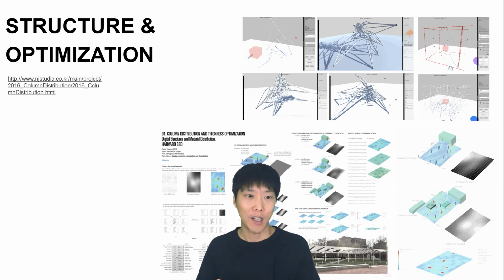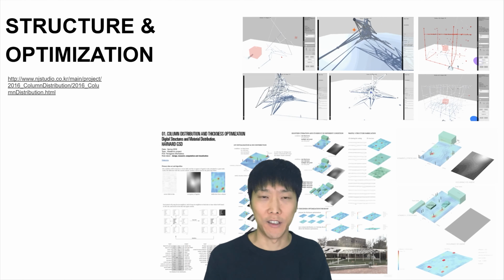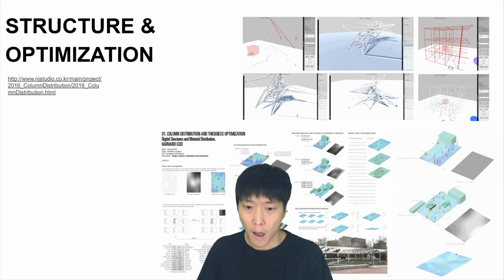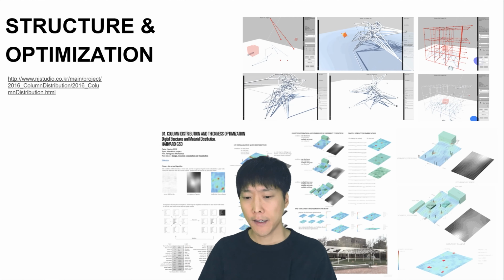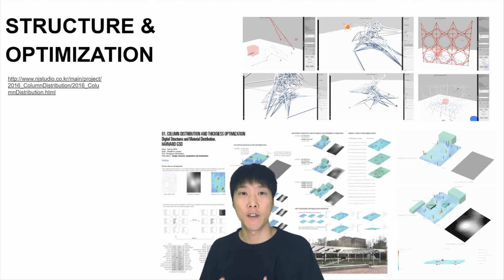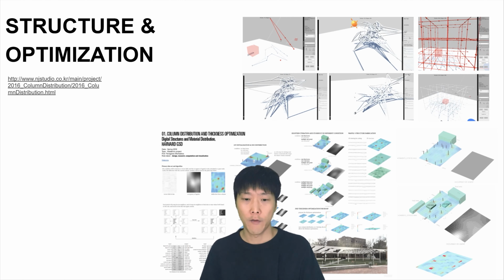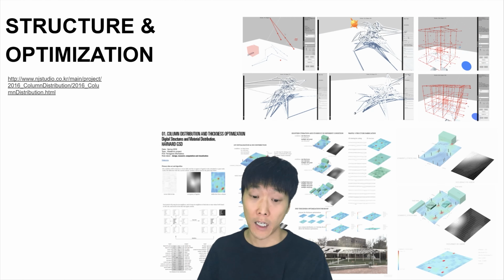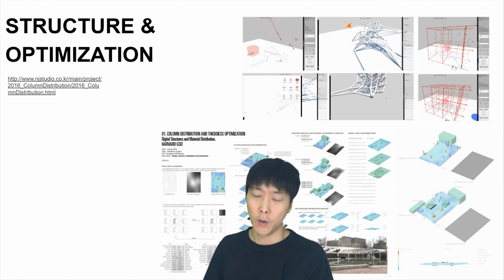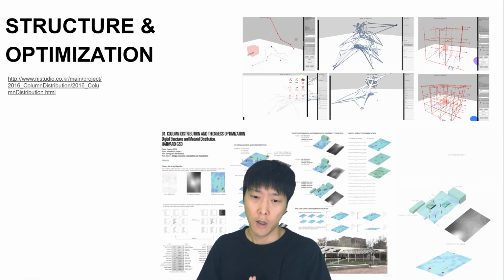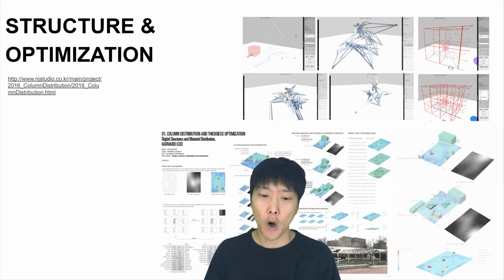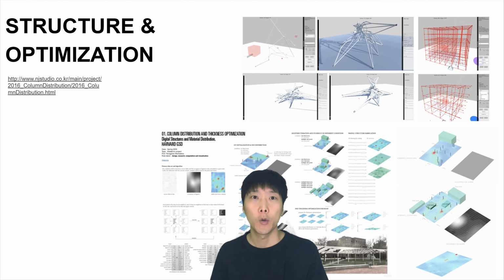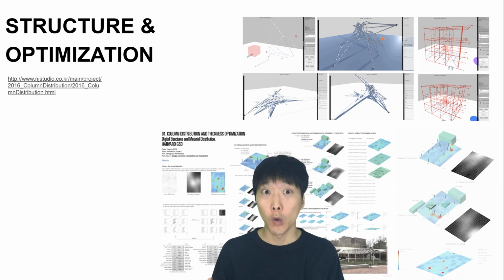Let's jump to another topic, data and structure. Structure itself is a very different story, and it's not fun. It's more serious. Very hardcore engineers deal with the data very seriously to prove the structure or optimize the structures. But in this project, it's more about exploring design options based on rules.